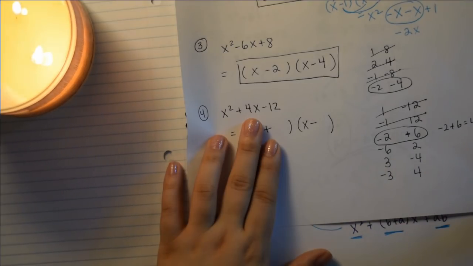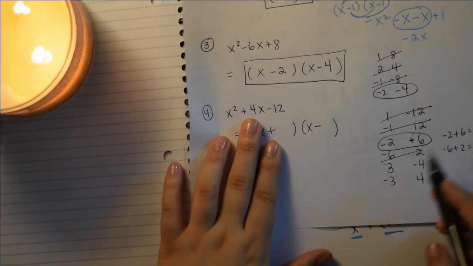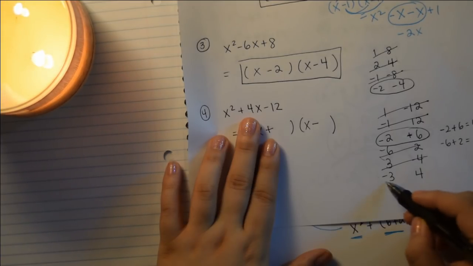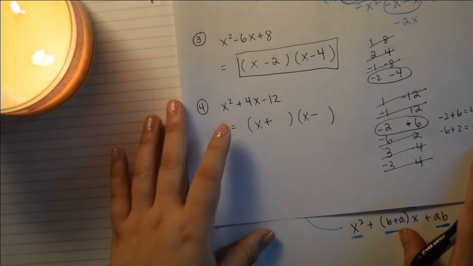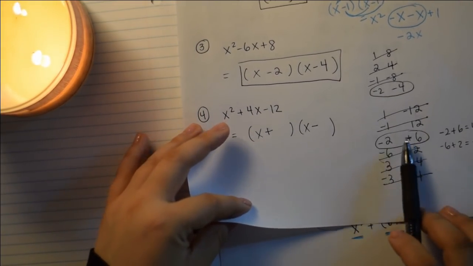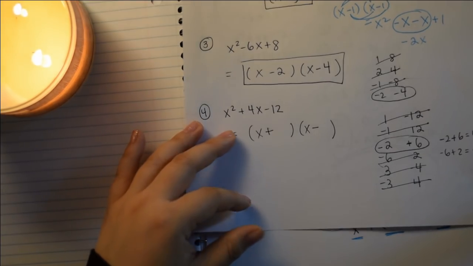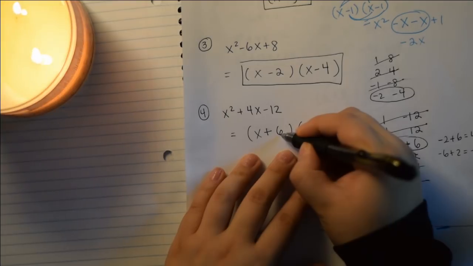Negative 6 plus 2 is actually negative 4, so not that, because we have a plus 4 here. 3 minus 4 is negative 1, so nope. And negative 3 plus 4 is 1, so nope. This reasoning will get faster as you practice, but we know that this is the pair, negative 2 and positive 6, which means I'll just write the negative 2 here and the positive 6 there.